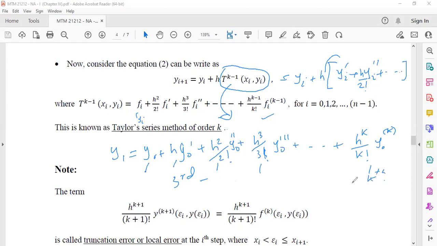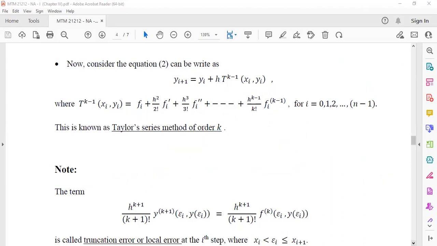If they ask you to stop at third, you stop here; you approximate this much and omit everything else. If they ask for up to fourth, you go up to here. This is how we are going to do our examples. I hope you understood that. Let me go further.